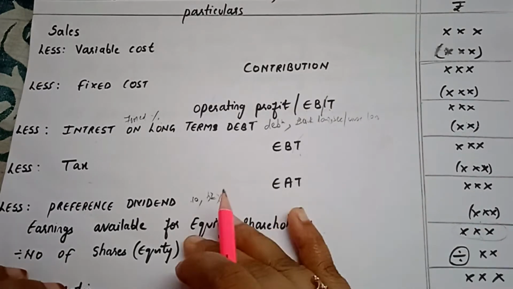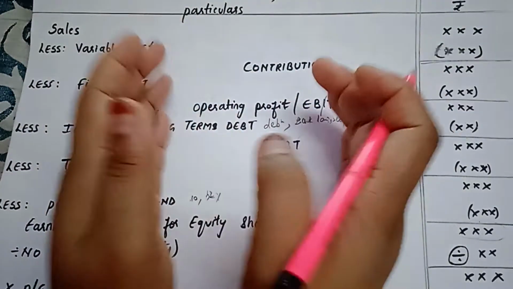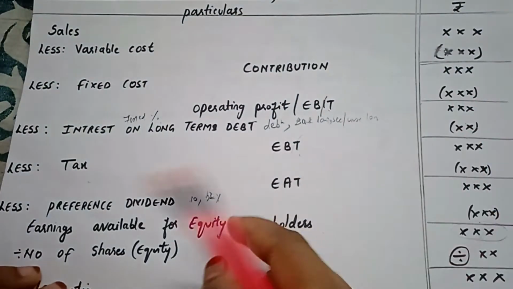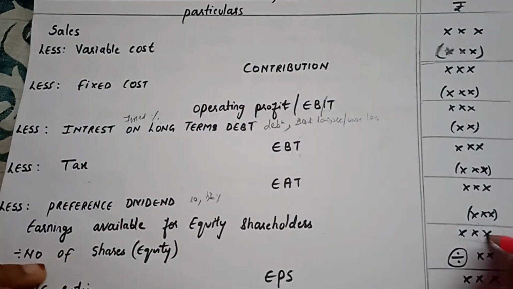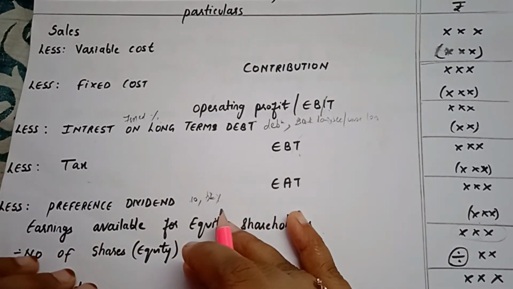Now, this whole money belongs to the complete set of shareholders, right? All the owners, all the shareholders of the company. How much amount will one share investor be getting? What I need to do is divide it by the number of equity shares, right?